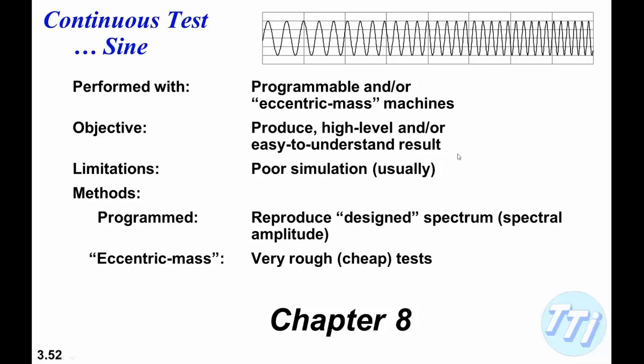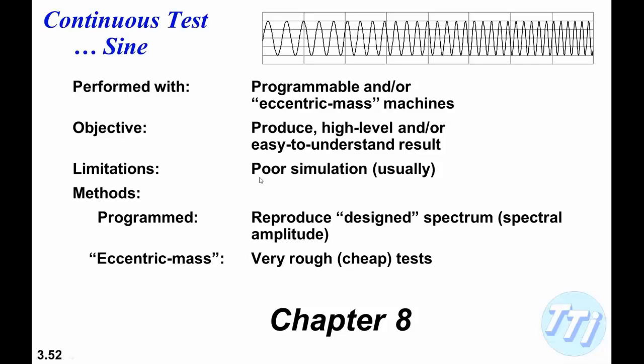The point here is that a sine test puts all of the energy into one frequency, and so we can really beat the heck out of the specimen. And if we have a failure with a sine test, we know precisely what frequency the failure happened at, and so we've got some very good tools to get some understanding of what actually happened.